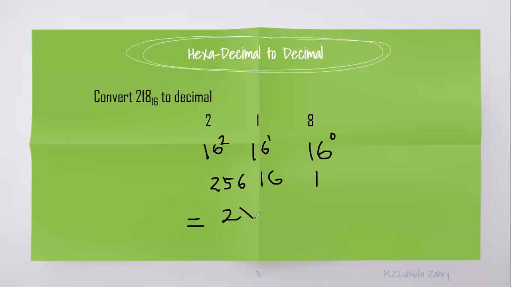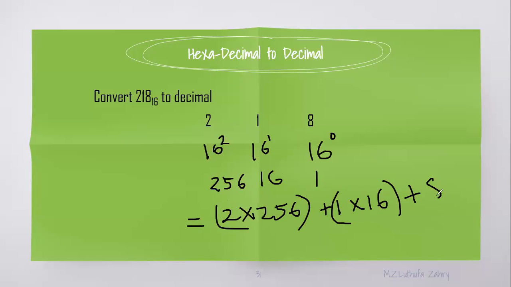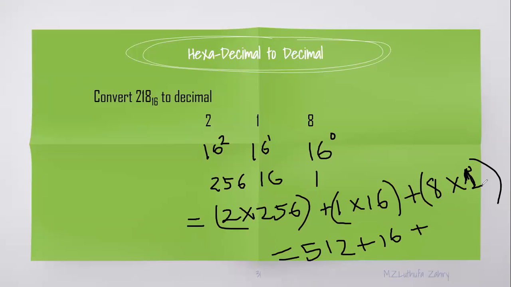Same method: 2 into 256 plus 1 into 16 plus 8 into 1. So 2 into 256 is 512, plus 16, plus 8. When you add all this together, you'll get 536 base 10.